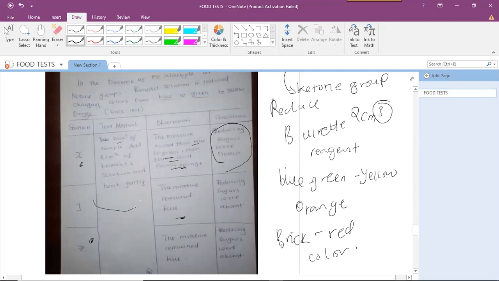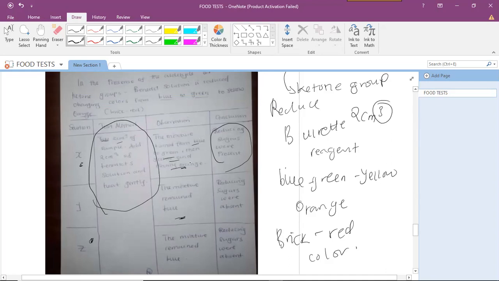So please, these procedures, you have to know them. If it's starch, you're adding 2 cubic centimeters of your sample into a test tube, then you're adding 4 drops of iodine. If it's biuret reagent for proteins, you're adding 2 cubic centimeters of sample to 2 cubic centimeters of biuret reagent, and then you observe that purple color.